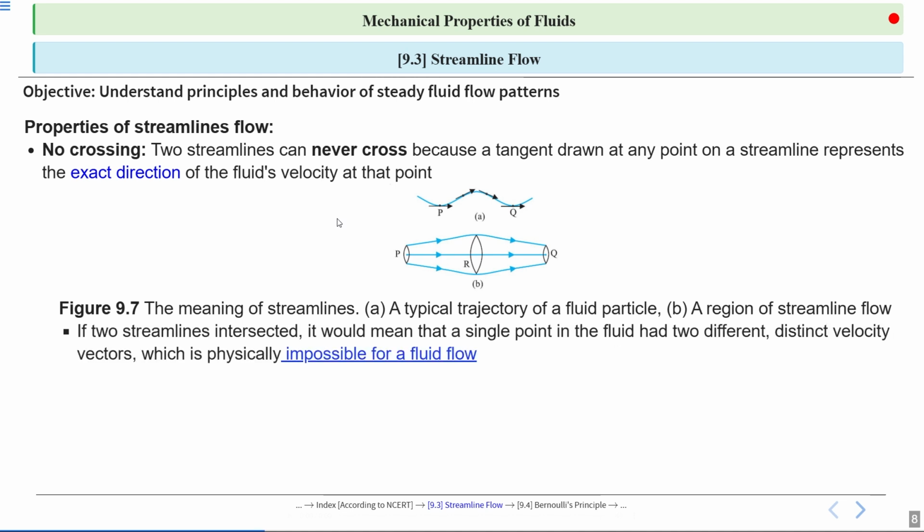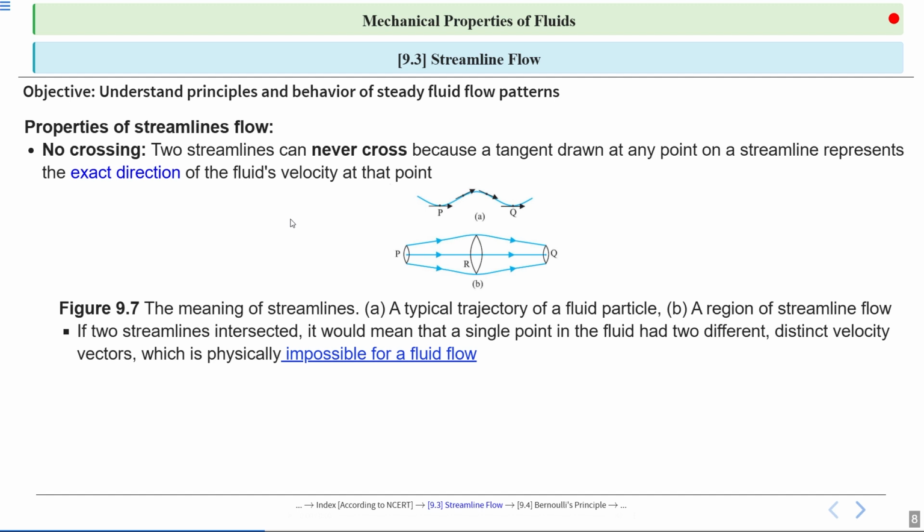If two streamlines were to cross, what would happen? It would mean that at that single point, the fluid would have two different directions of velocity at the same time. Alright. So if we talk about that point P, suppose at point P, the two streamlines cross. Then at that point, the direction of velocity would be two at the same time.